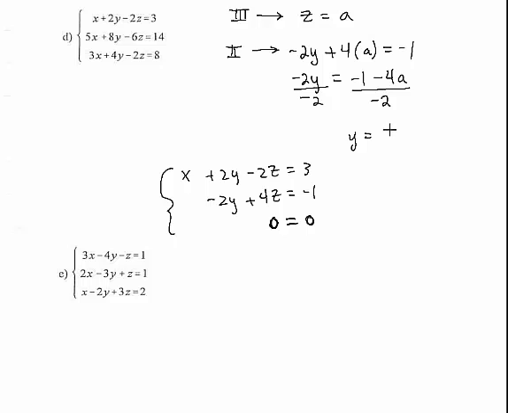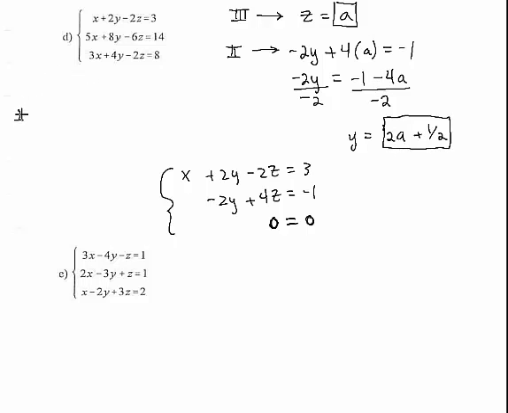If we divide -2 into both of these terms on the top, we get 2a plus a half. And so this is our y. This is our z, a. And so x, y, and z are all going to depend on a once we're finished.